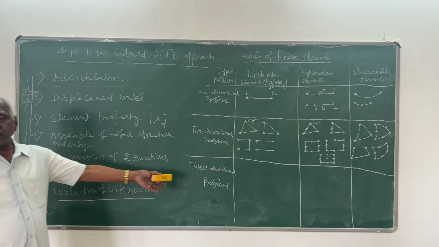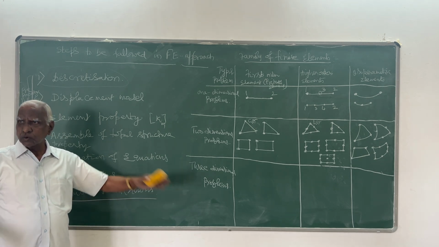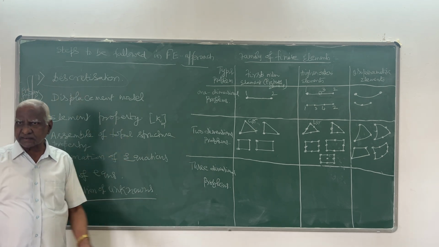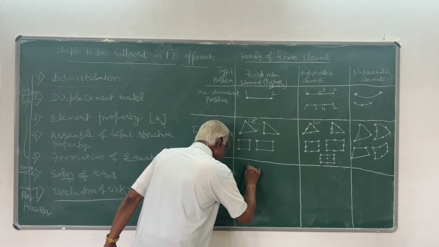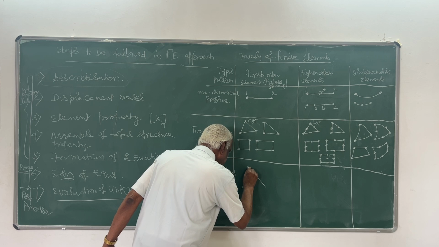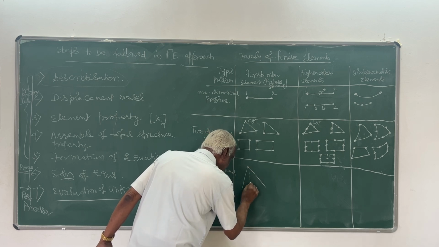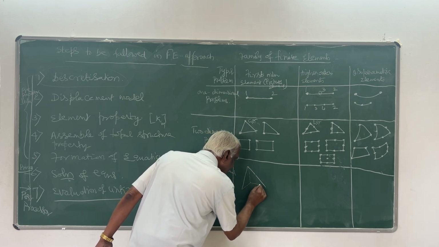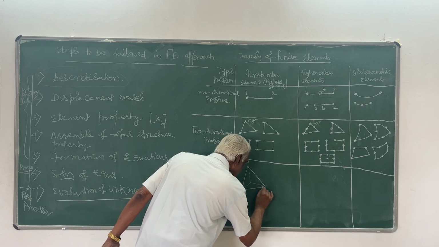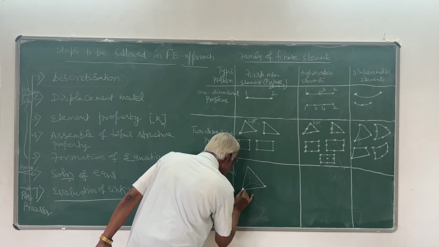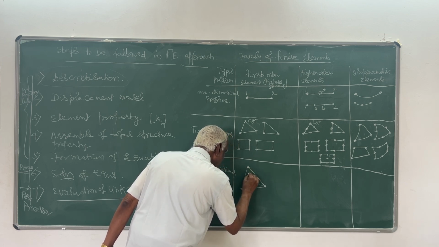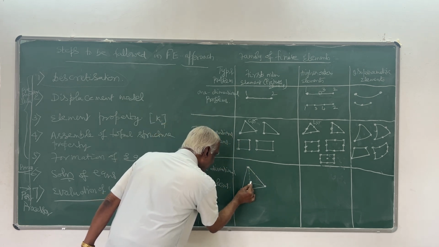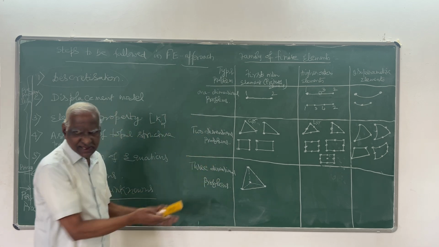And of course, for three-dimensional problems, to idealize the entire structure, we can go for a simple figure, a tetrahedron. A four-noded tetrahedron, with four faces.